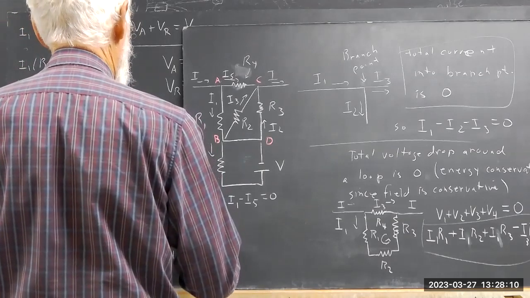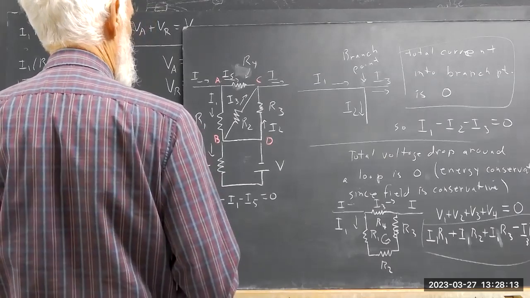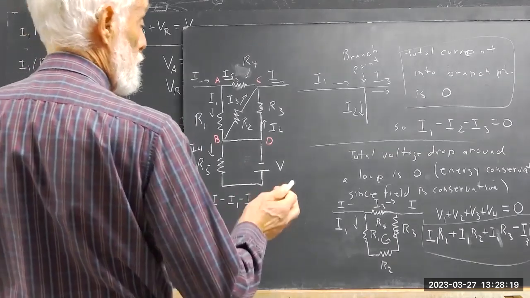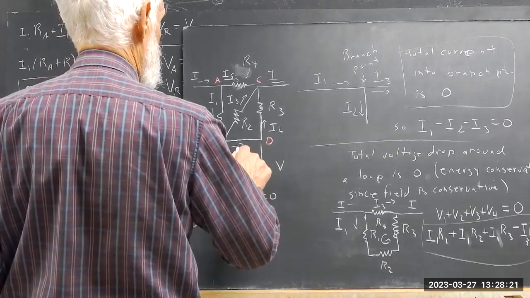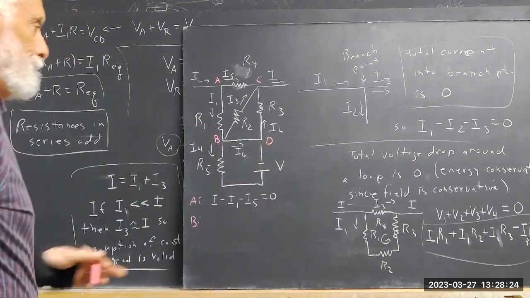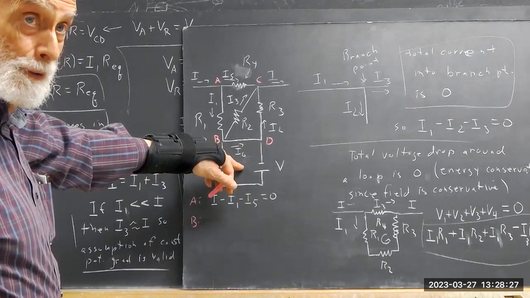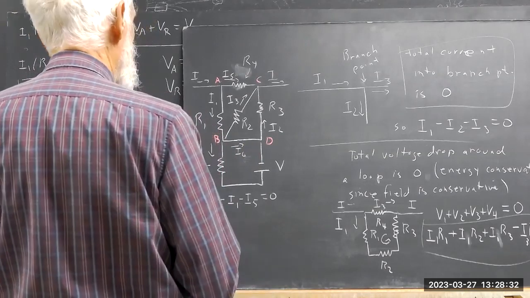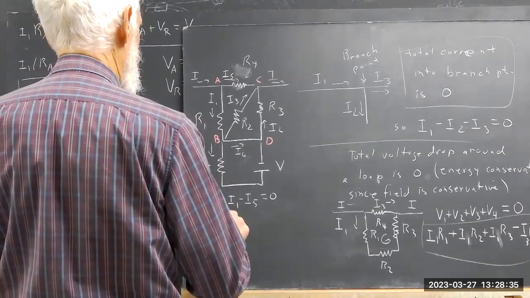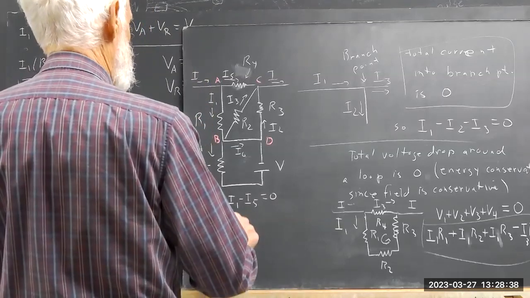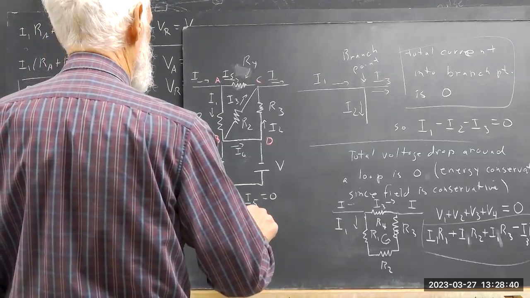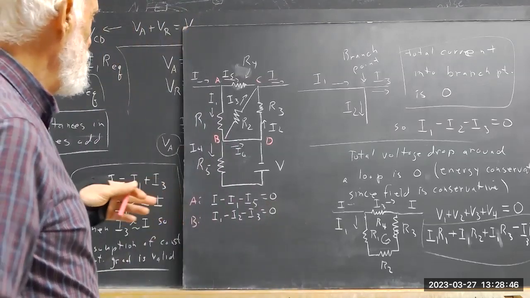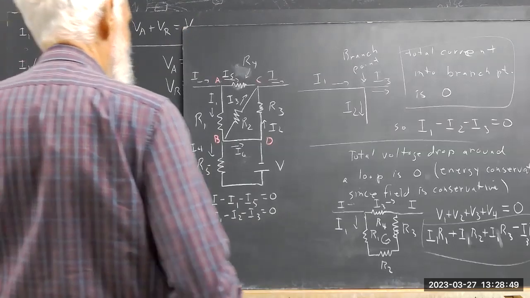At branch point B, we can say that, I realized there was a current that I didn't label. So at B, I have I1 coming in, then I2, I4, and I6.